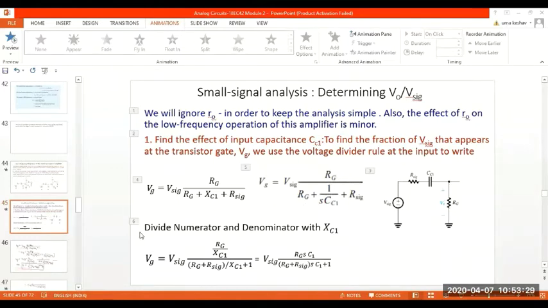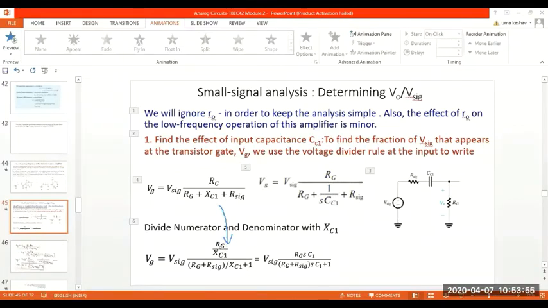Now, what should I do in the next step? From this step, come to this step. What have we done? We have divided the numerator and denominator by the capacitive reactance XC1. After dividing, this will simplify to this.